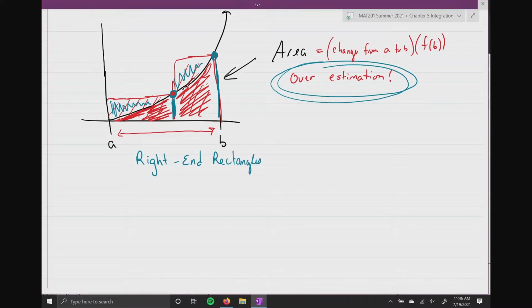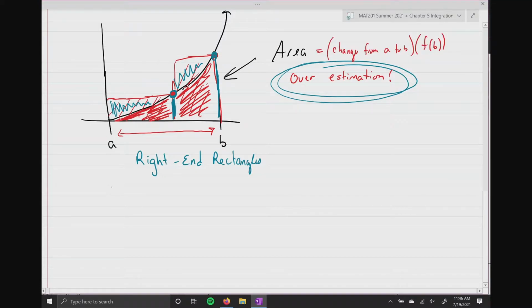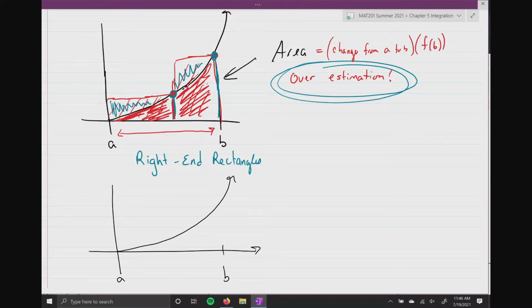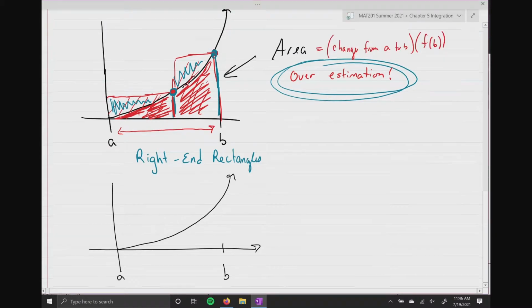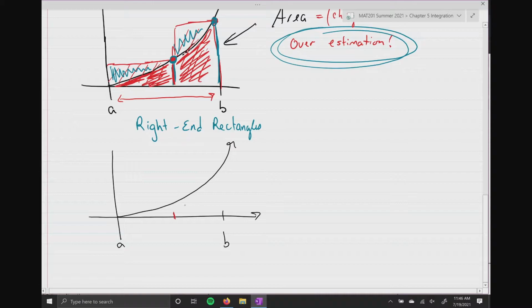Now, if we were smart about this, I'm just doing the same thing, okay? We can actually do what we call left end rectangles, okay? So let me show you what that looks like. So right here, I'm going to cut this in half again. But in this case, watch this.